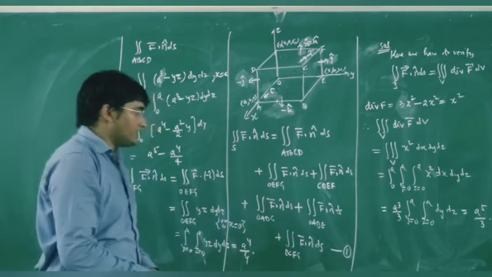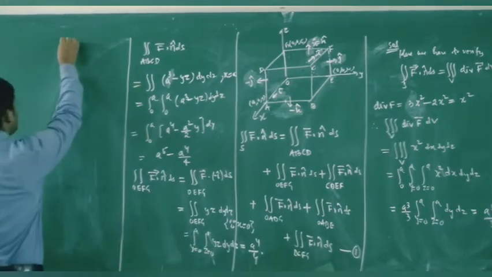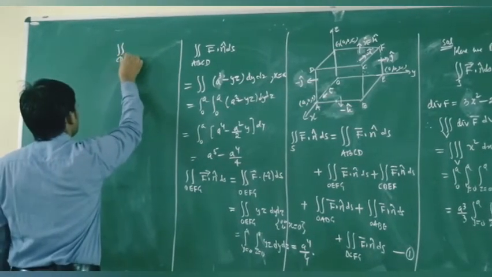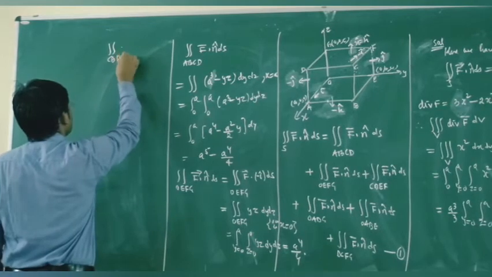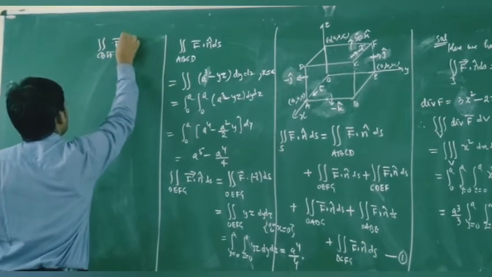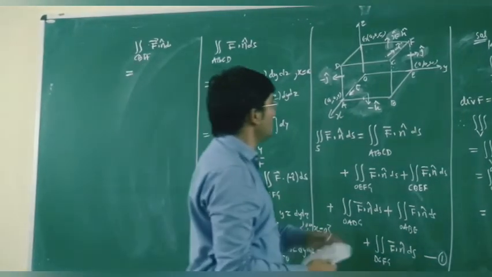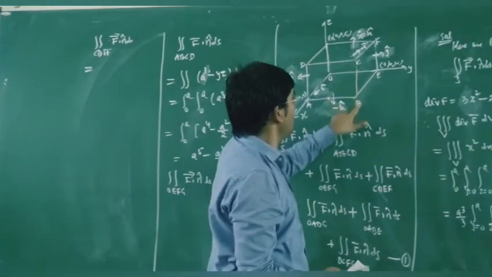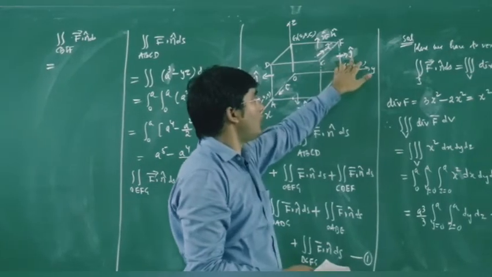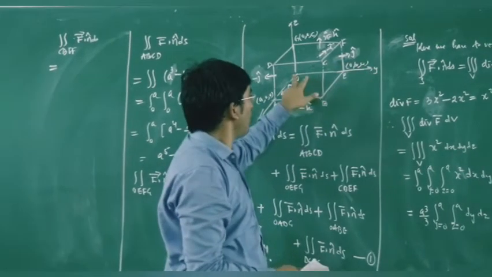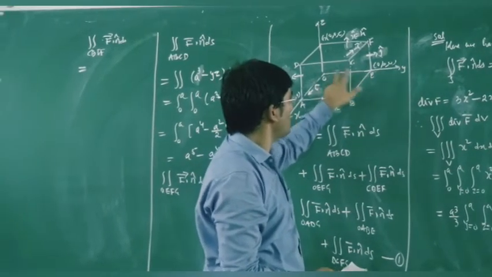Now let us evaluate CBEF, so the integral over CBEF of f dot n ds. For this, your outer normal is j, and for this part our y will be b.